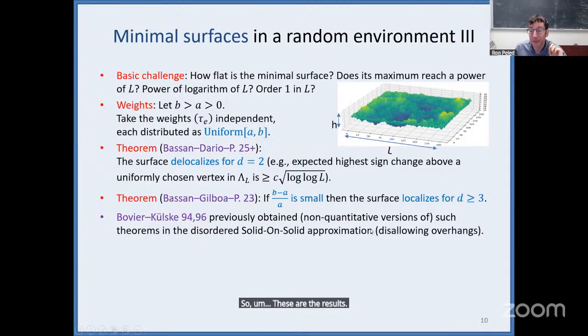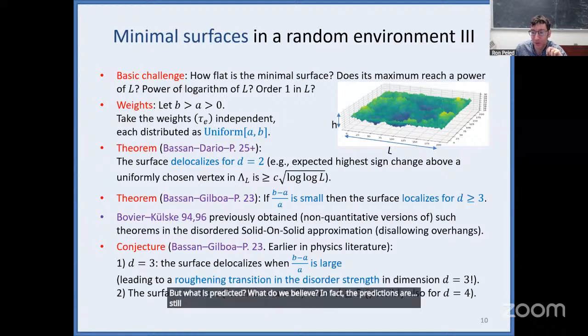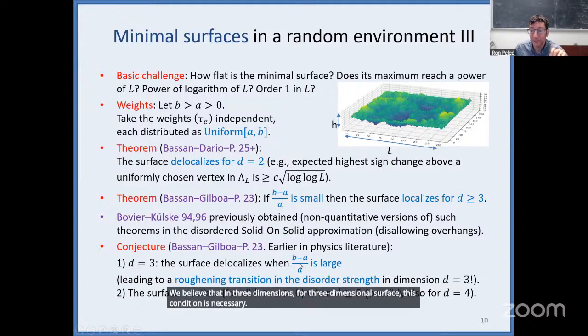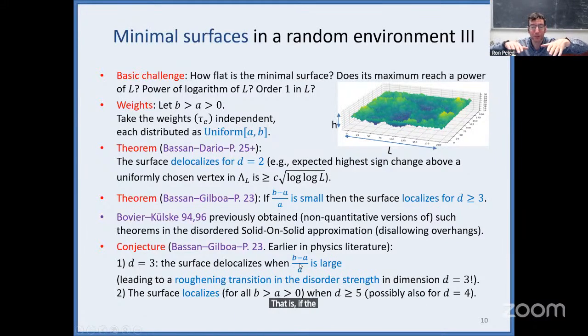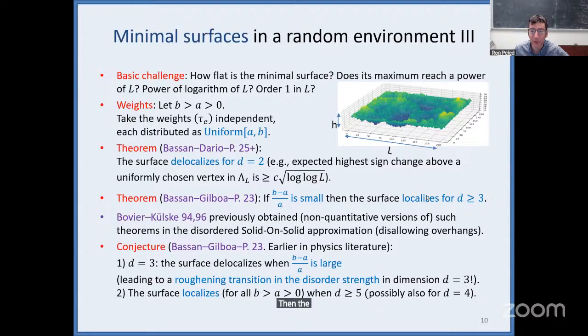But what is predicted? What do we believe? In fact, the predictions still leave a lot to be desired. We believe that for a 3-dimensional surface, this condition is necessary. That is, if the weight distribution is not a perturbation of a constant, if it's, say, uniform between 1 and 100, then the surface no longer localizes, it should suddenly delocalize.